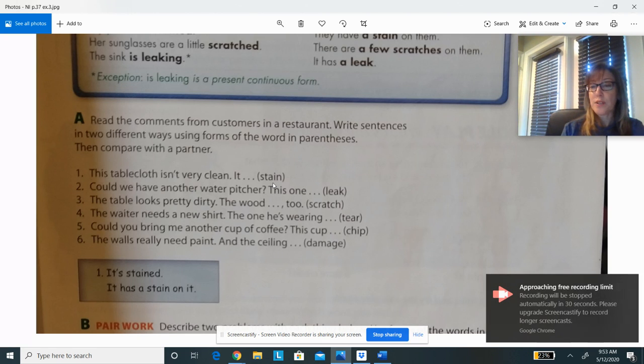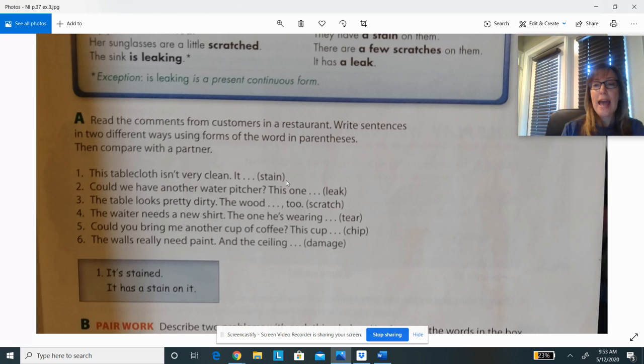So if I want to use the adjective form, I can say it is stained, or the noun, it has a stain. Number 2, could we have another water pitcher? This one, leak, is the one that is present continuous. This one is leaking, or this one has a leak.